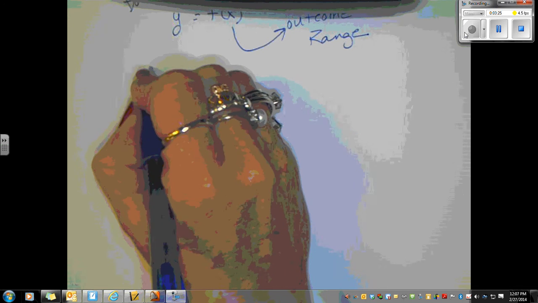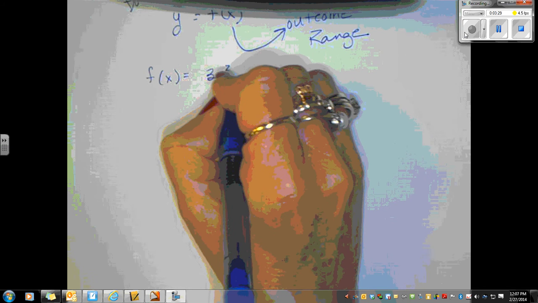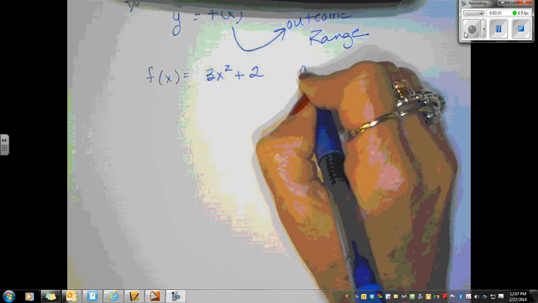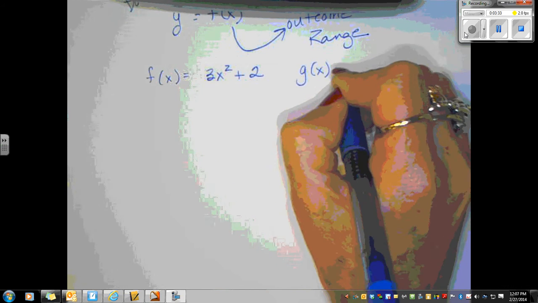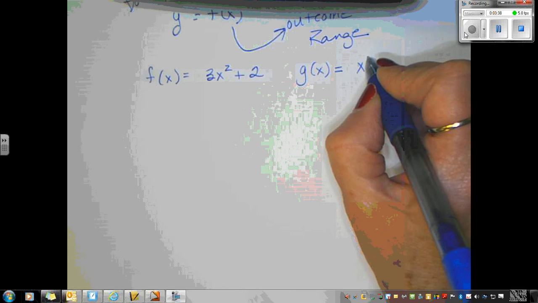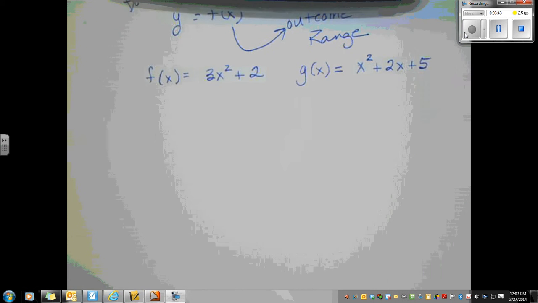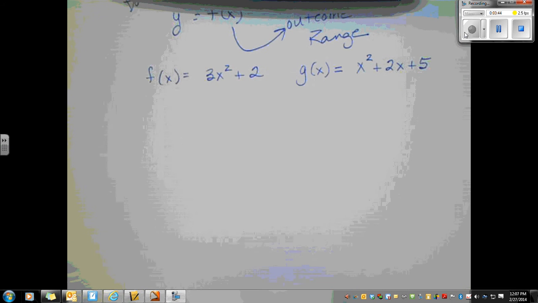Now, if I had f of x equals 3x squared plus 2, and g of x was equal to x squared plus 2x plus 5, say. Okay, step 1.